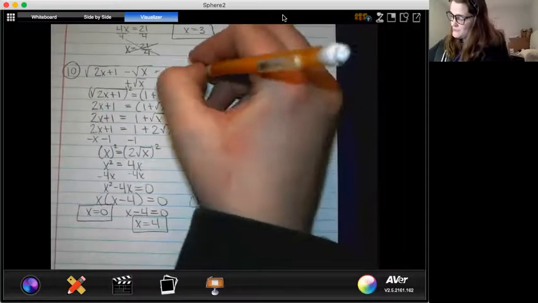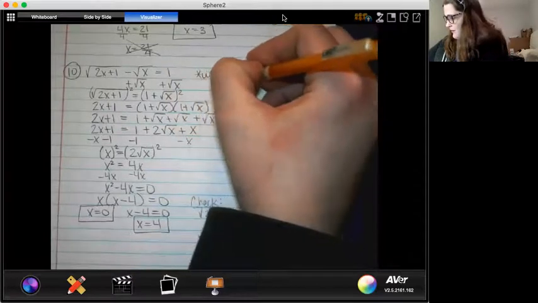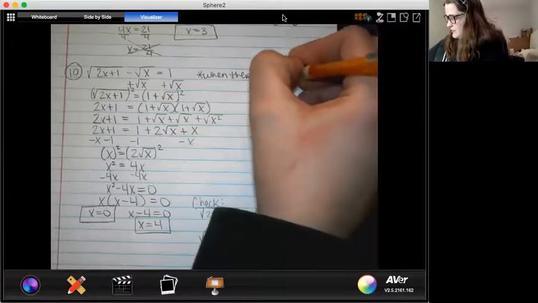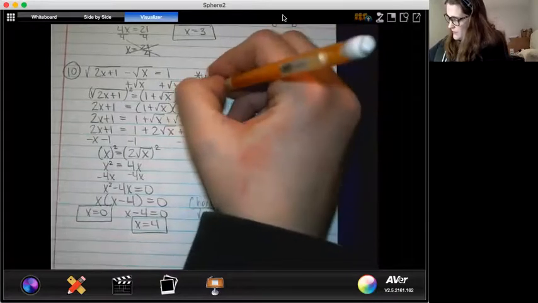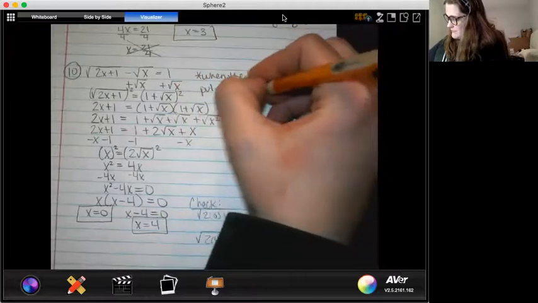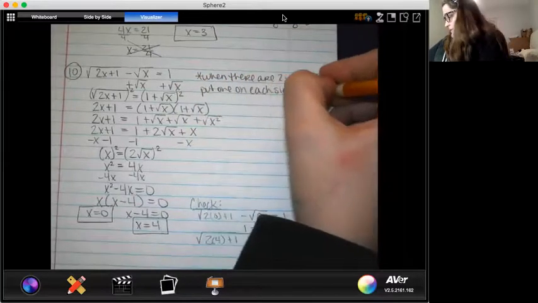So remember, when there are 2 radicals, you're going to put 1 on each side, then square both sides.